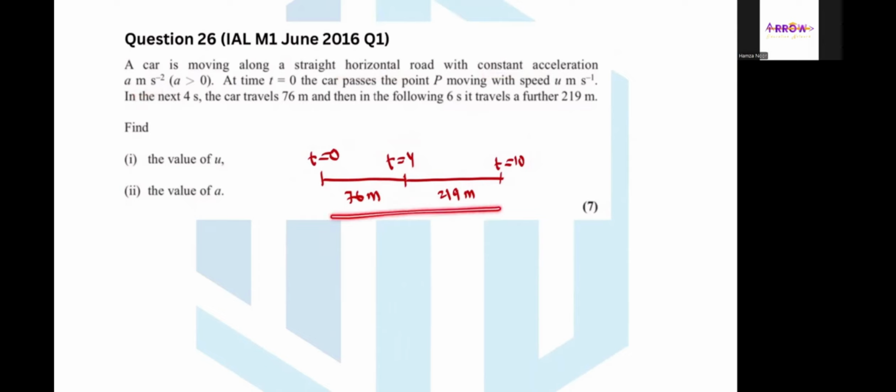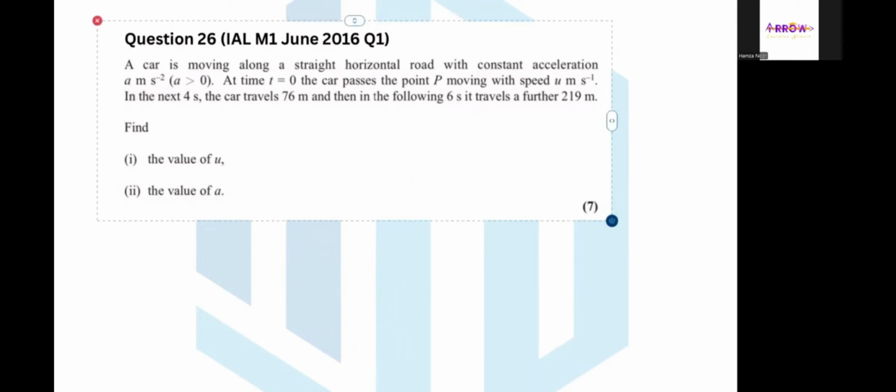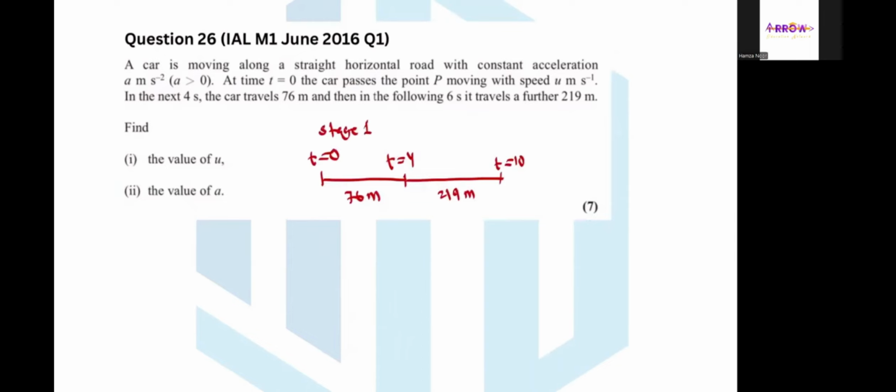The acceleration for the whole journey will be the same. Let's say the journey from t equals 0 to t equals 4 is stage 1, and t equals 4 to t equals 10 is stage 2.